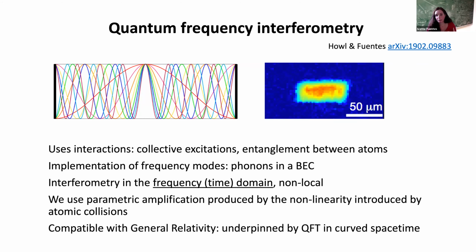Because the atoms interact, this gives rise to a nonlinearity in the Hamiltonian, and this produces parametric amplification. So one of the things we're going to use to detect gravitational waves is quantum resonance and quantum parametric amplification, which makes things very sensitive. Now, we developed this whole proposal not with non-relativistic quantum mechanics, but it's actually all underpinned by quantum field theory in curved space-time, as you will see.